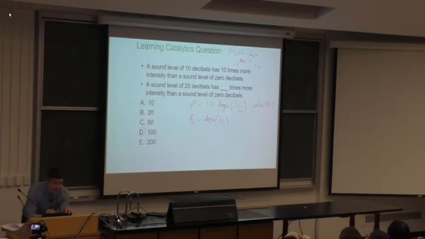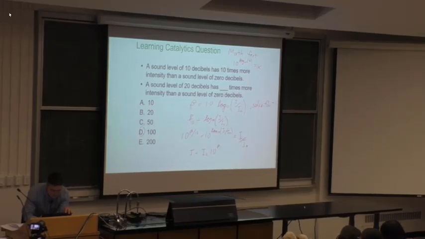So I'm going to raise both sides to the power of 10. So 10 to the power of beta over 10 is equal to 10 to the power of log base 10 of I over I0, and that's just equal to I over I0. So then I is equal to I0 times 10 to the power of beta divided by 10.